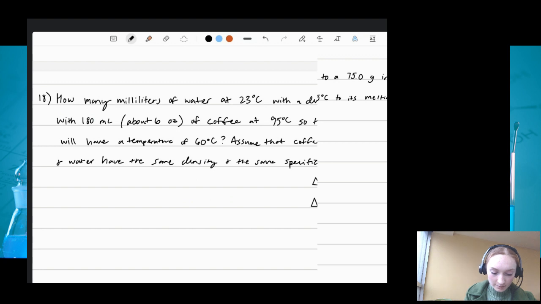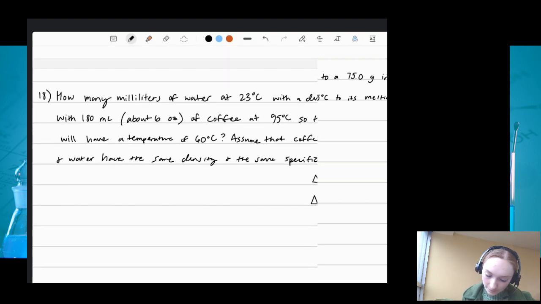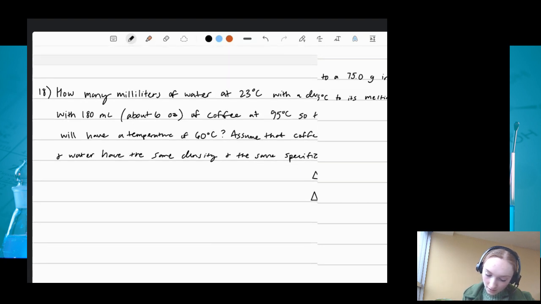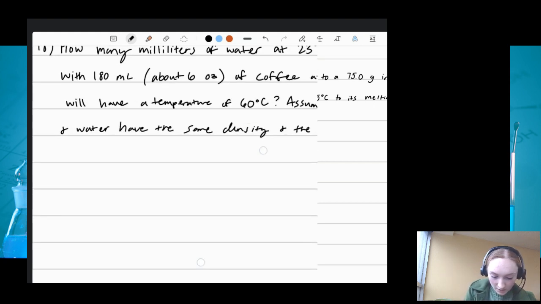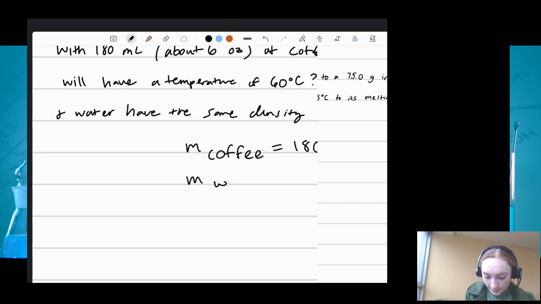So it's 180 milliliters of coffee. Okay. So the amount of mass of coffee will be 180 grams, and we want to find the water. And so whatever gram amount we get will be equal to whatever milliliter amount it is asking for.